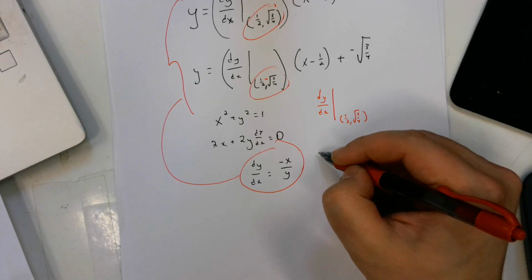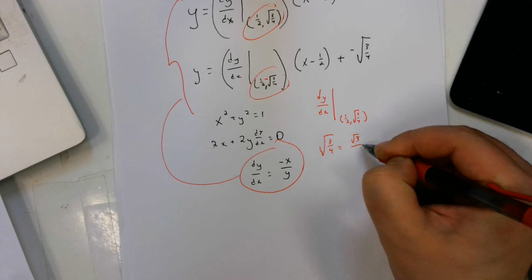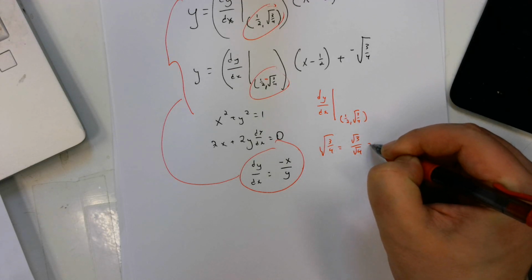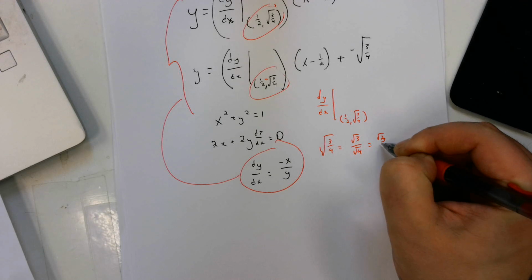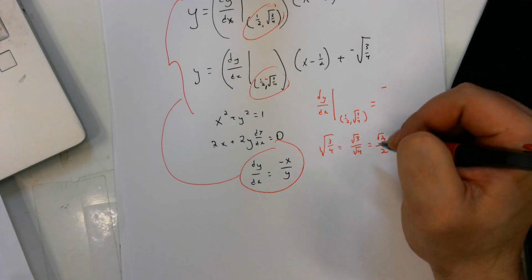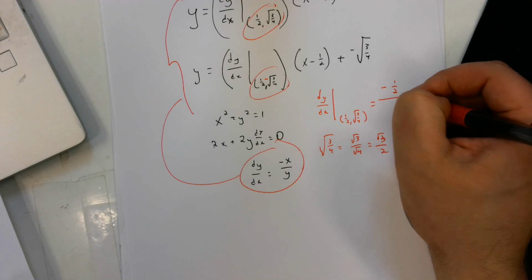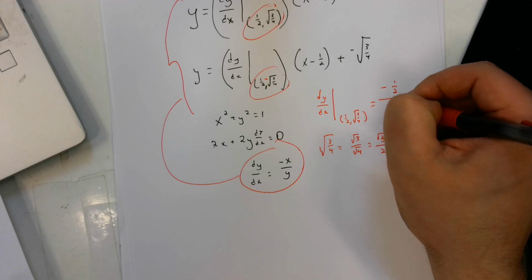Well, wait a second. Isn't root 3 over 4 equal to root 3 divided by root 4, which equals root 3 over 2? Yeah. So this is really negative, what's my x value? 1/2 divided by root 3 over 2.